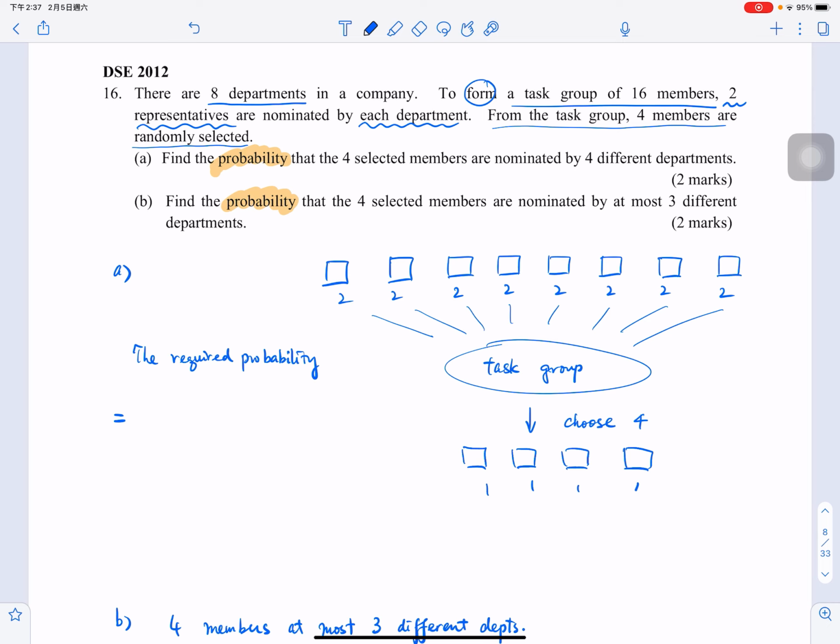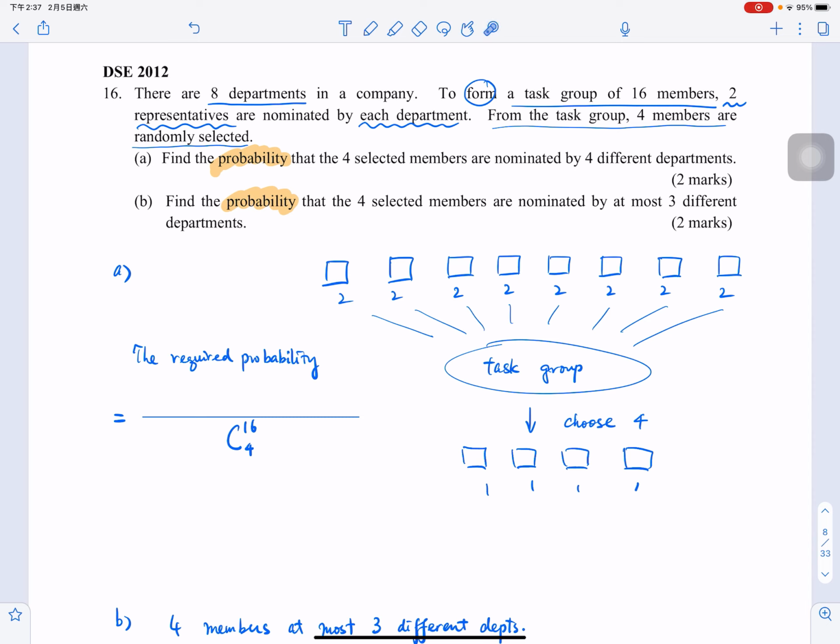What is the total possible outcomes? We choose from the 16 and then choose 4 of them. So the total possible outcome is 16C4. No position, so you just use the combination. Then how about the numerator?